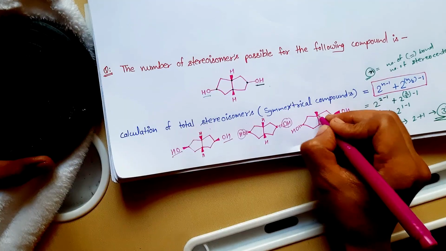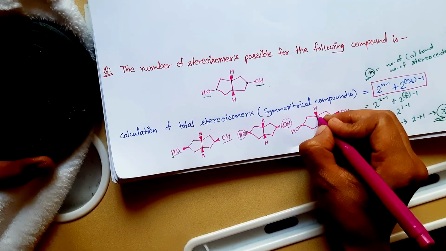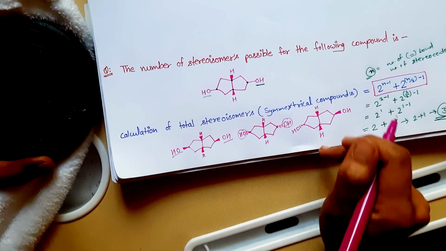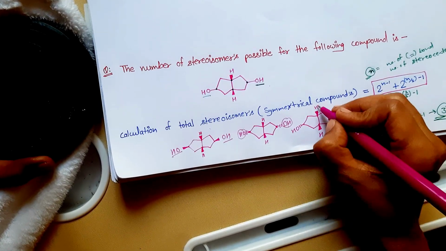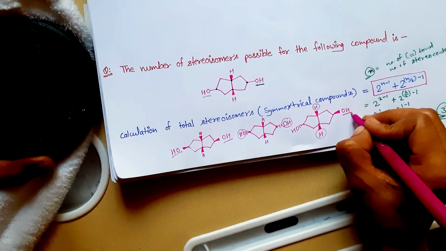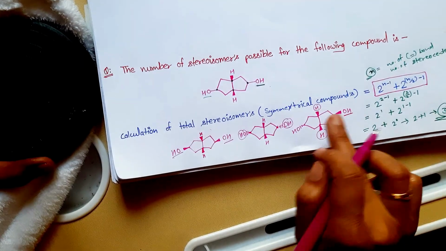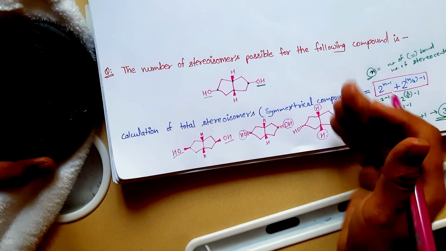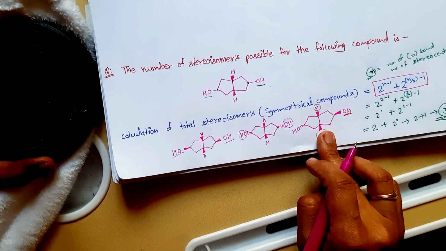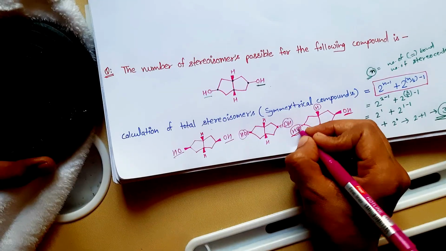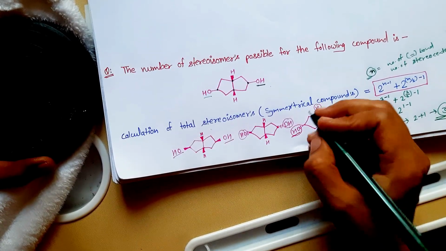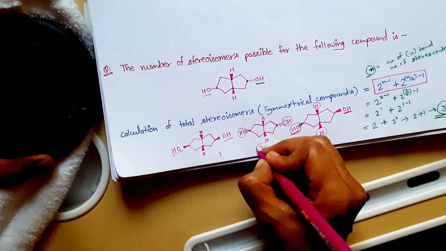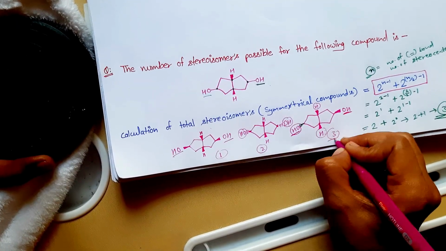Here the stereo of these two hydrogens is fixed, they both are on the wedge position. So now these two hydrogens and this hydroxyl group are in one plane, both in the upward direction, and this hydroxyl group goes downward. So here we get these three isomers.